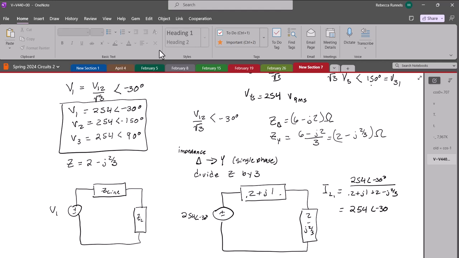That is 254 angle negative 30 degrees over 2.2 minus J1 third.